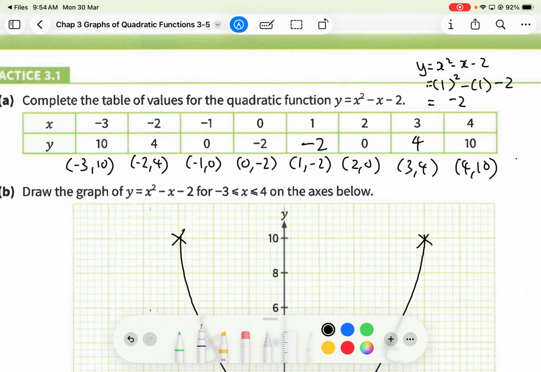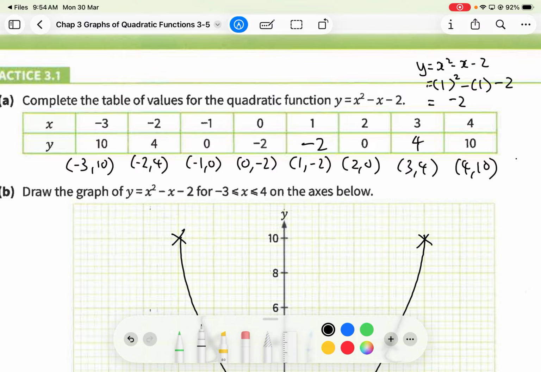So, to balance, to make my y equals to what is on the right hand side, it must be all these corresponding values. That's why when there is a blank, they are asking me, when x equals to 1, what is y? Then I must put my x here. 1 minus 1 is 0, then -2.